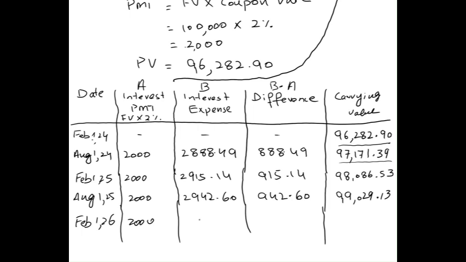Again, 2,000. And we have 2,970.87. Again, this number was this carrying value times 3%. I got this number. And then the difference is 970.87. If you add this amount to this previous carrying value, this should become 100K. So this is how you do an amortization schedule for a discounted bond.